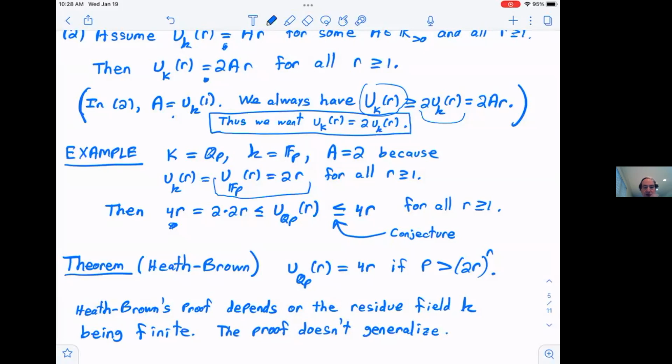The proof doesn't generalize, so it's heavily dependent on some kind of counting argument. There doesn't seem to be a way to generalize this to proving some version of the conjecture for complete discretely valued fields with an arbitrary residue field. Okay.